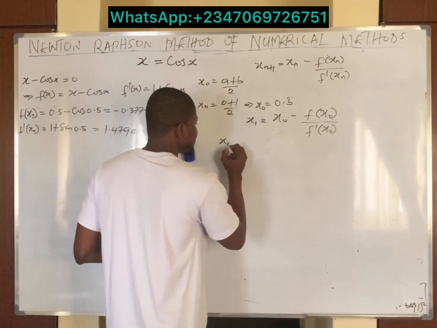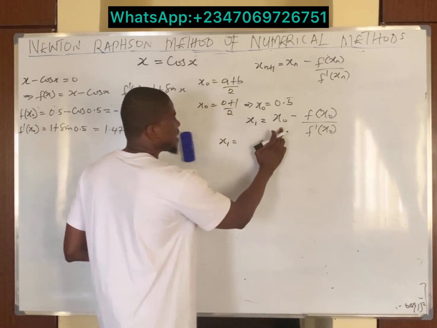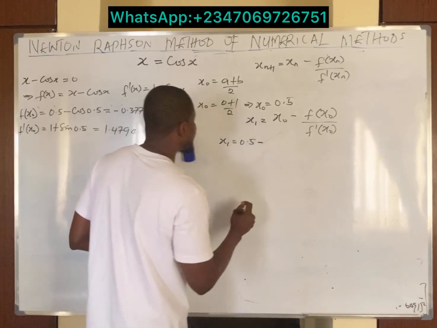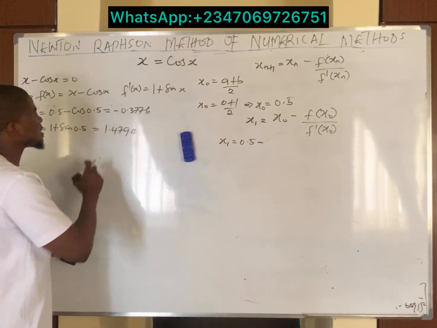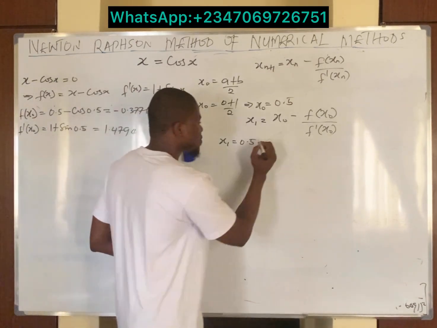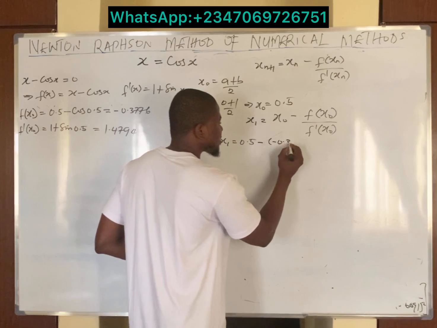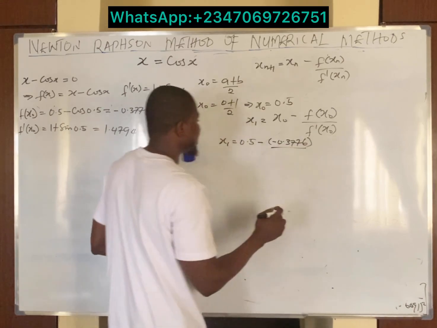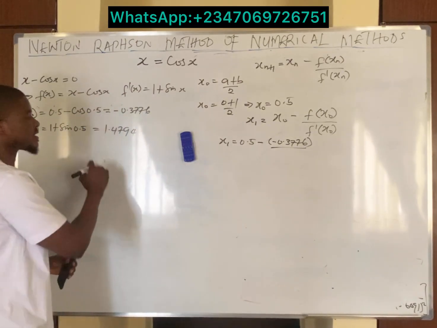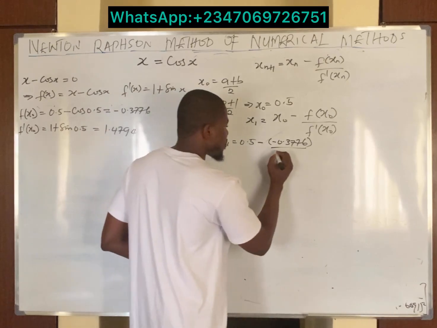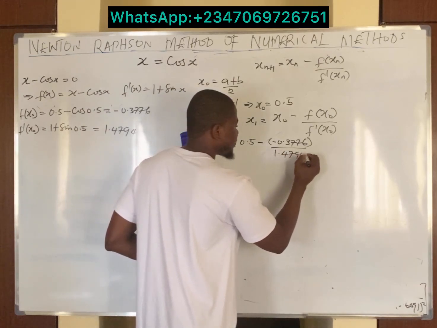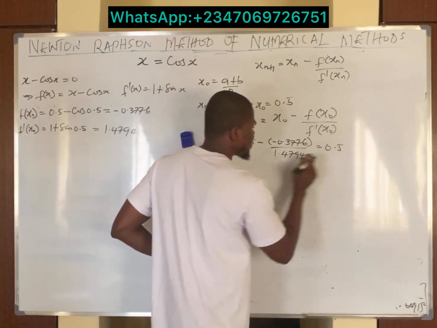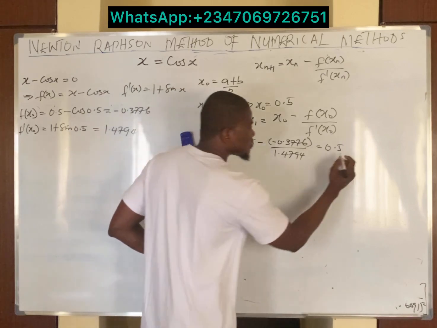Okay, having found these values, now I can find my first root. x1 is going to be equal to x naught, and x naught is 0.5, minus f of x naught. f of x naught gives us negative 0.3776, so I have negative 0.3776 divided by f prime of x naught, which gave us 1.4794. So this is going to be equal to 0.5, this minus and this minus becomes positive.